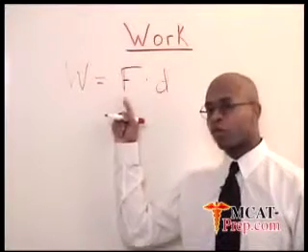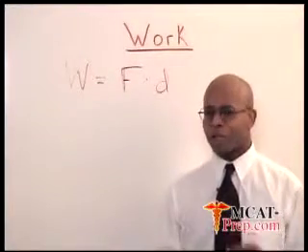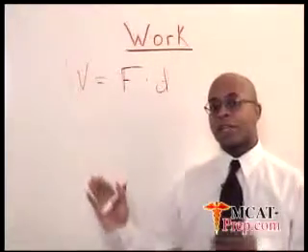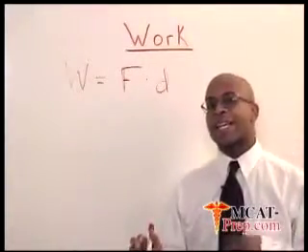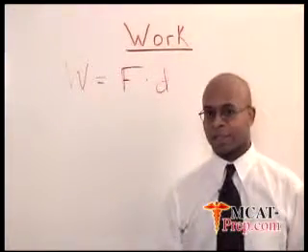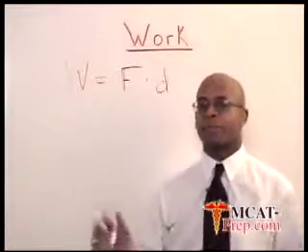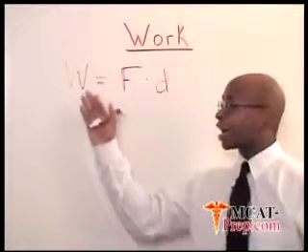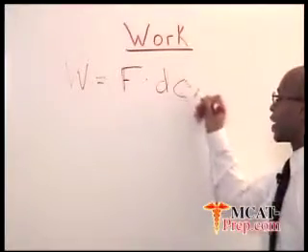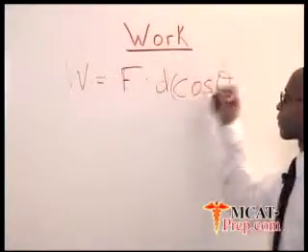The other thing is force. The force, we have to be a little bit more specific, because work is where the force is in the same direction as the displacement. So sometimes the equation is written as work, W, is equal to F D cosine theta.